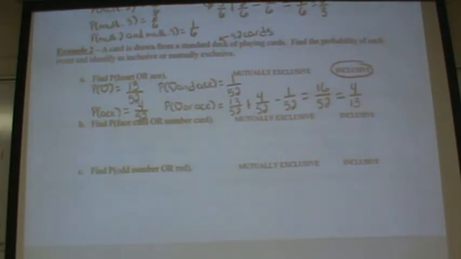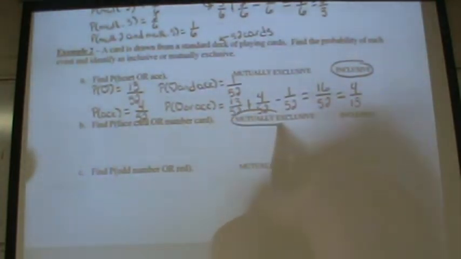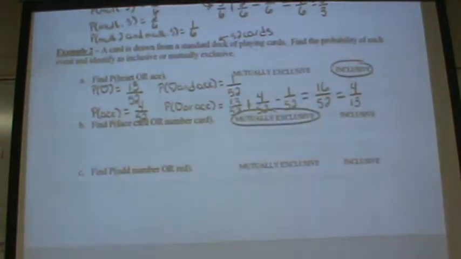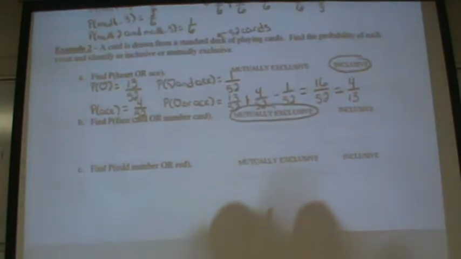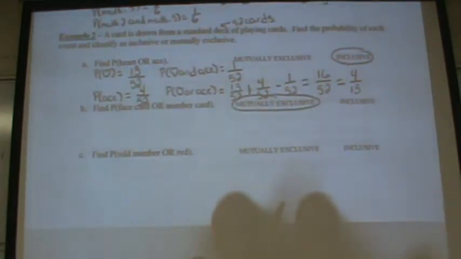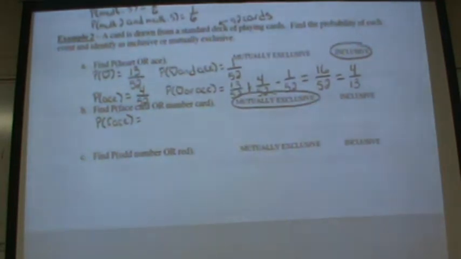No. So these are going to be mutually exclusive events. So for mutually exclusive events, we need to find the probability of a face card. So face cards are King, Queen, Jack.